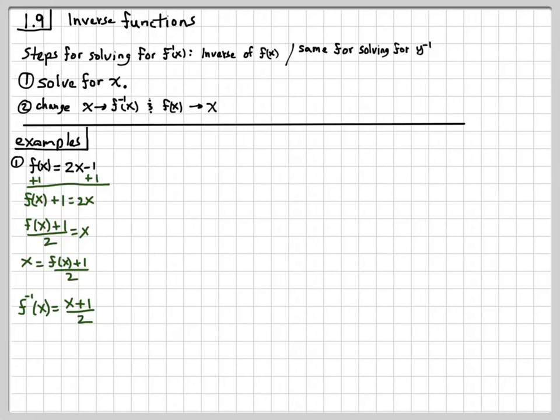And once I'm done with that, then I go on to step number 2. That is to change that x into f inverse. And the f of x that's on the right side, we replace it with x. So there's the final answer. F inverse is equal to x plus 1 all over 2.